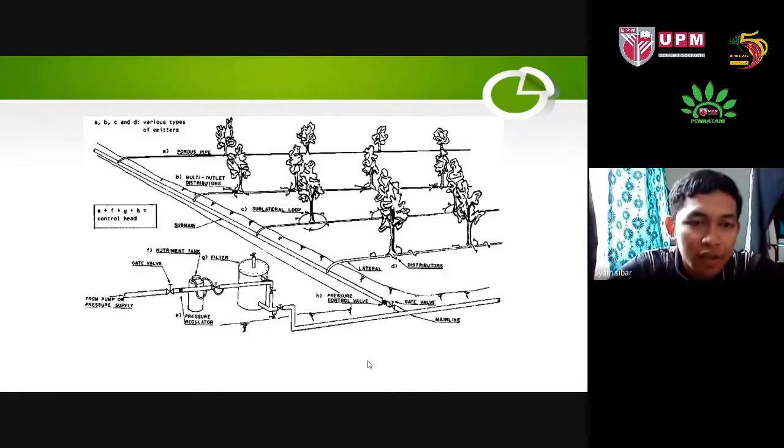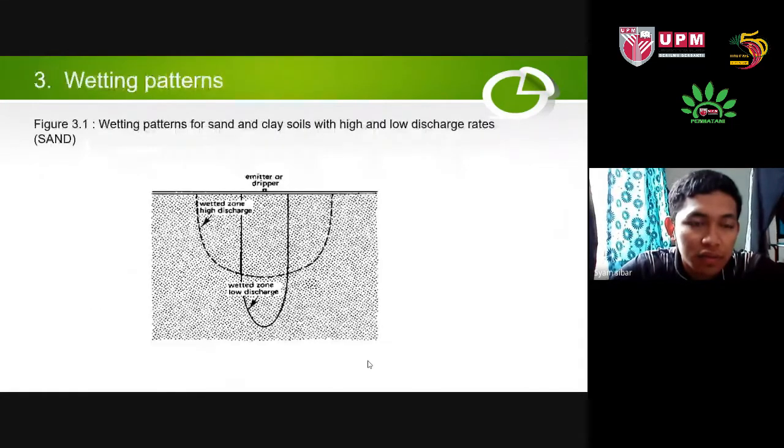Okay, let's move on to the next slide. The next part of the drip irrigation system is the wetting patterns. As you can see, figure 3.1 shows wetting patterns for sand and clay soil with high and low discharge rates. This figure is for sandy soil.